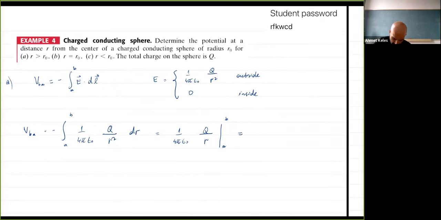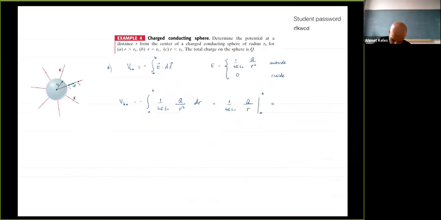This gives 1 over 4 pi epsilon naught Q times 1 over RB minus 1 over RA. So this is the potential difference between B and A, right? Generally, we need to take a reference point, and the reference point is generally what?